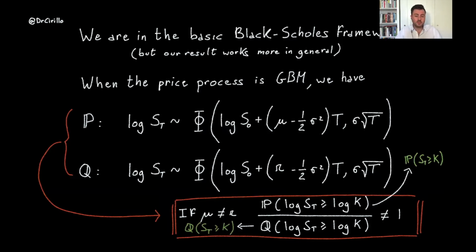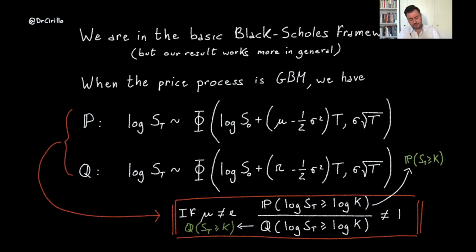So this is the event to be in the money or at the money, but the at the money part, if you want, is irrelevant because the equal sign under a continuous random variable is not a particularly interesting situation. But in any case, we are considering the probability to be in the money under the physical measure and under the risk neutral measure.